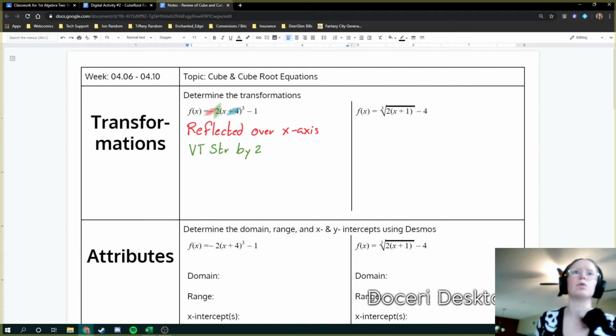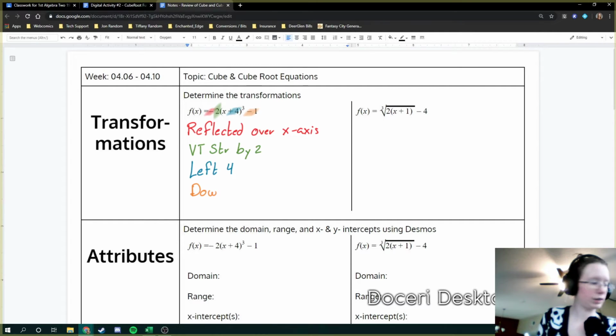The +4 inside, which is our C value, is really like thinking a -4. So this is going to the left 4. And lastly is -1 on the outside. So it's like we're going down 1.